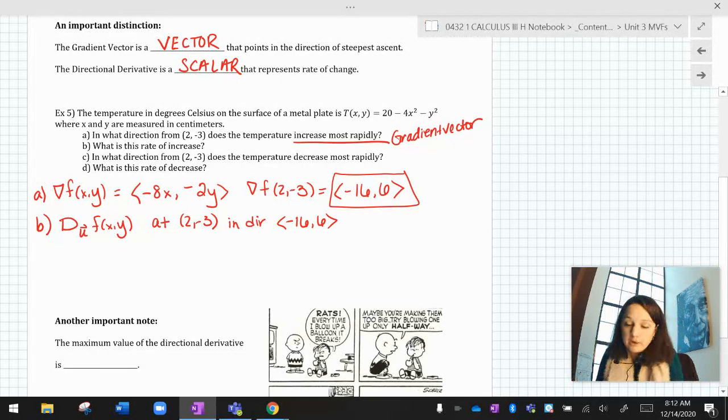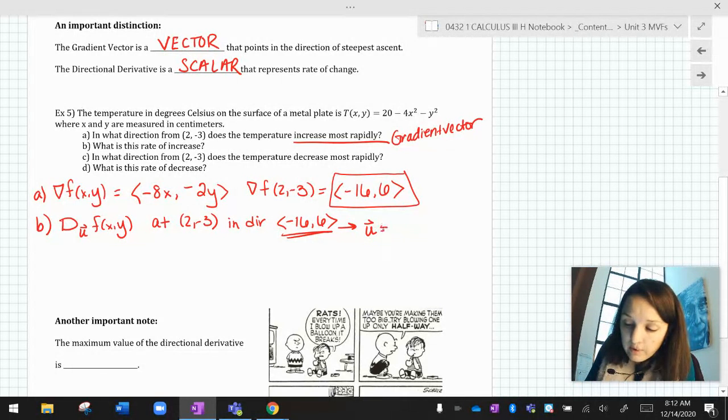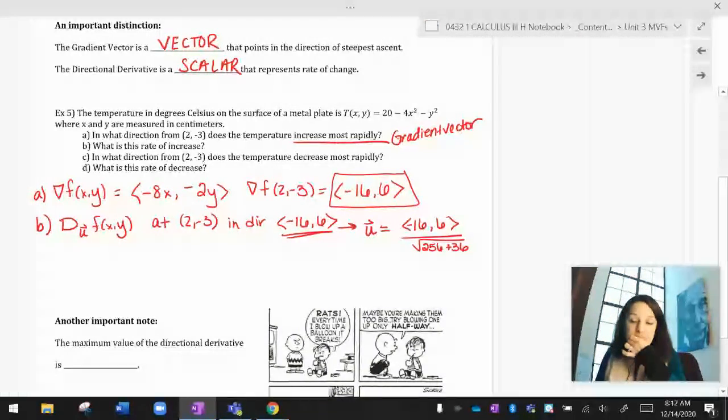All right, so for my directional derivative, I'm supposed to dot the gradient vector with a unit vector. I have a vector. I don't have a unit vector. So to turn this into u, I just divide it by its own magnitude.